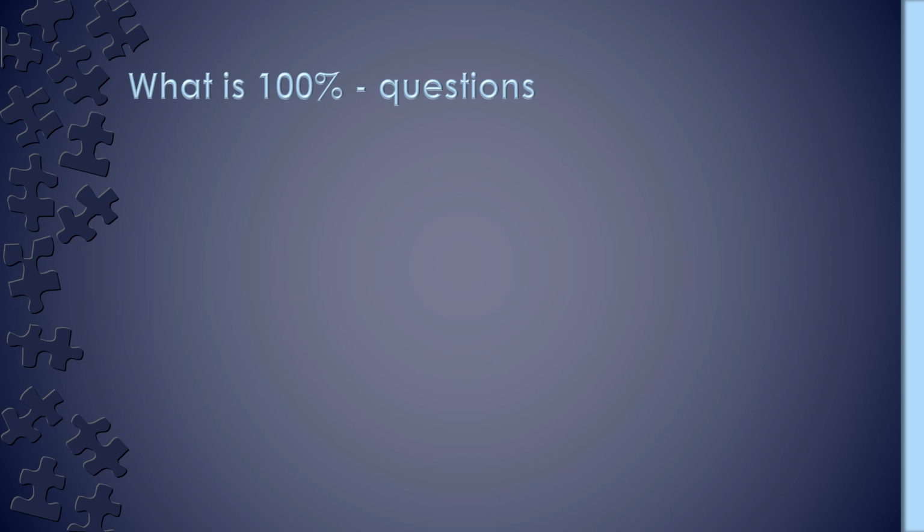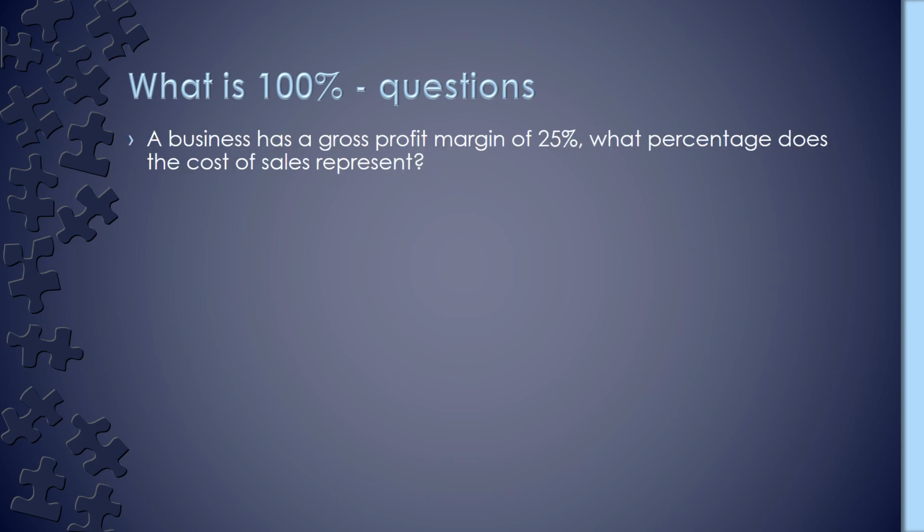So let's just run through a couple of questions so you can work out what the percentages are that you're working with. So a business has a gross profit margin of 25%. What percentage does the cost of sales represent?